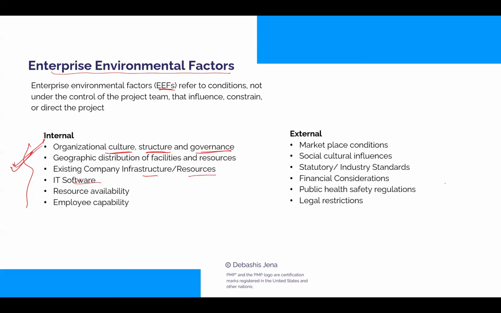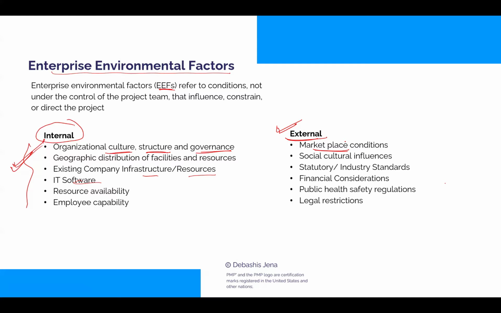We should also note one thing. In environmental factors, there are two types. The ones I just counted are all internal to the company: your structure, your culture, your facilities, your people. Look at the other part. There are external environmental factors also, which influence directly or indirectly. Like the marketplace conditions you operate in. That's also a factor, but it's not internal to your company.